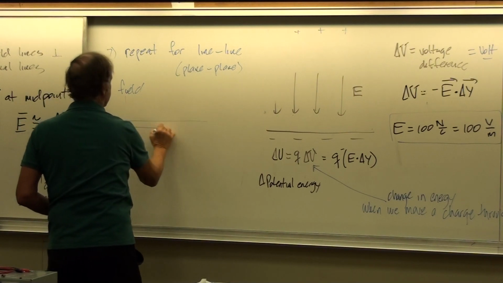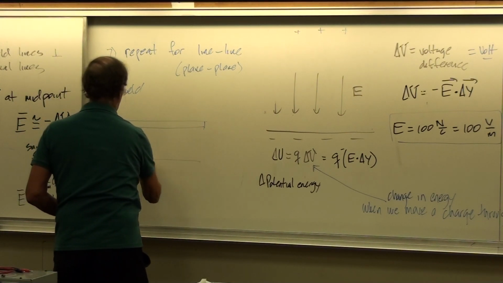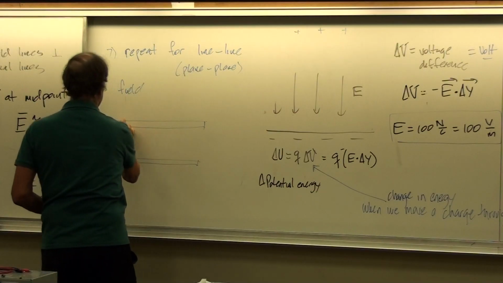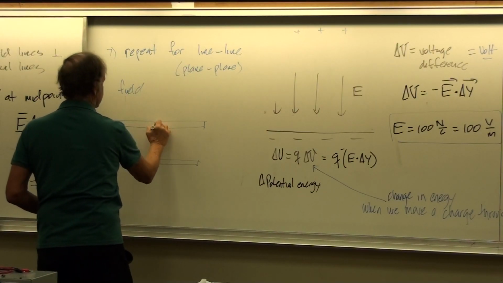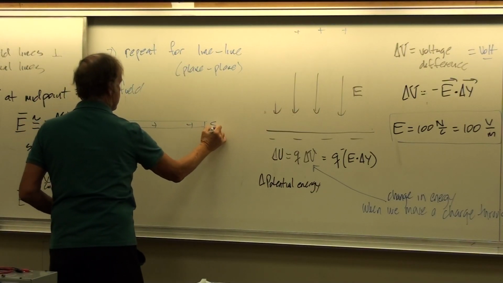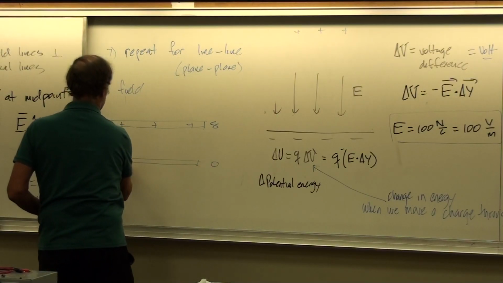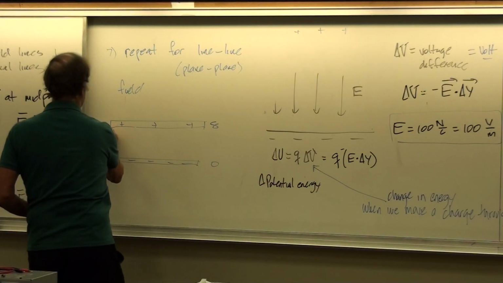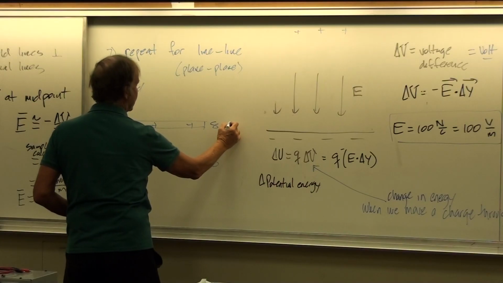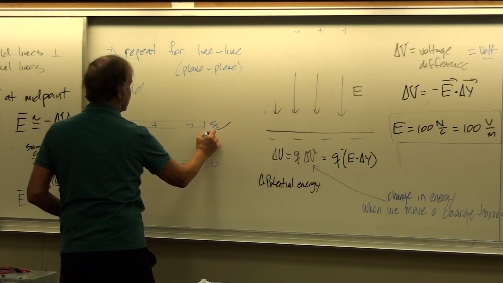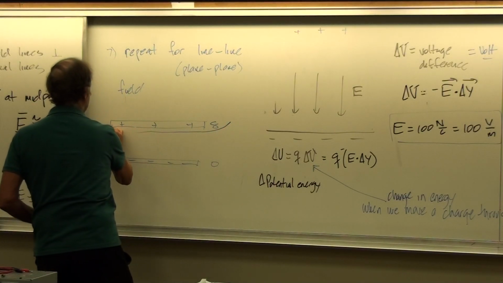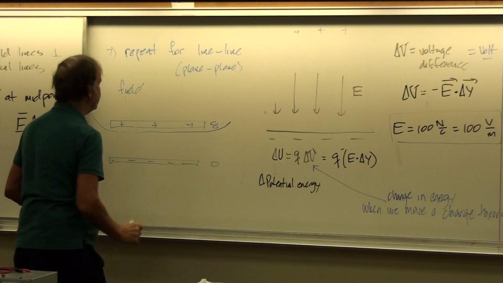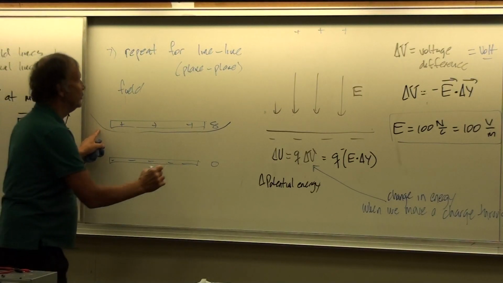So here you'll have something that looks like this. One will be positive, one will be negative. This will be at 8 volts. This will be at 0 volts. And don't forget about the edge effects. So you're going to come in like this along the 7-volt line, and then it'll be probably fairly flat in the middle, but it'll start to curve toward the end.